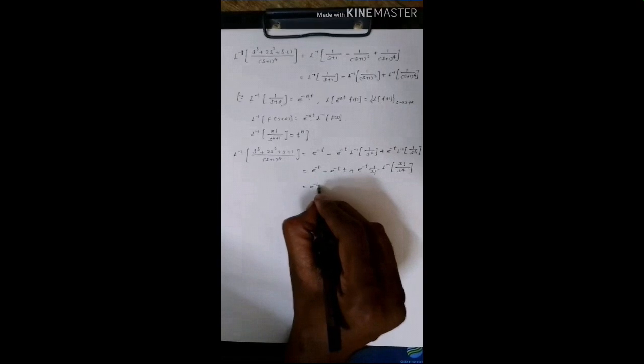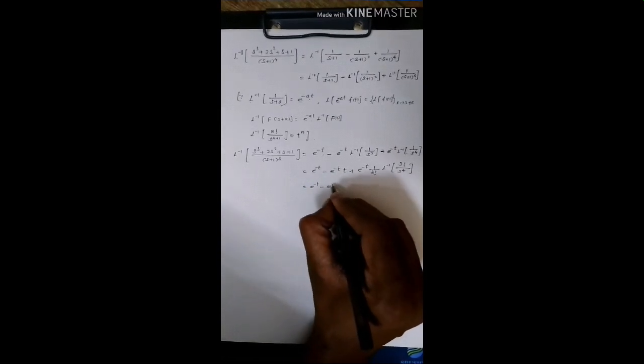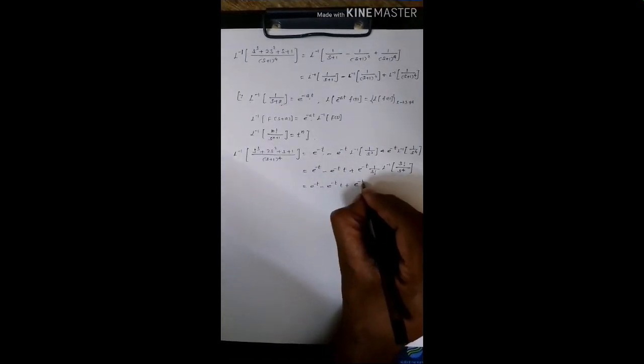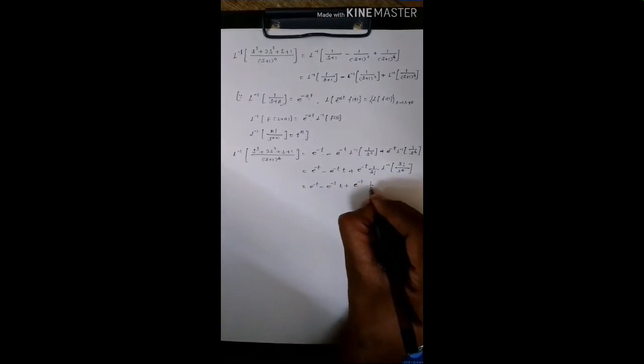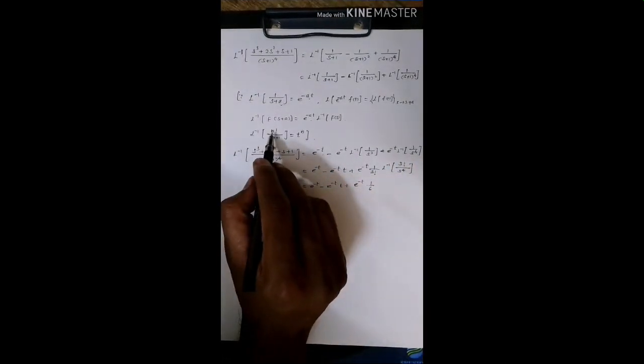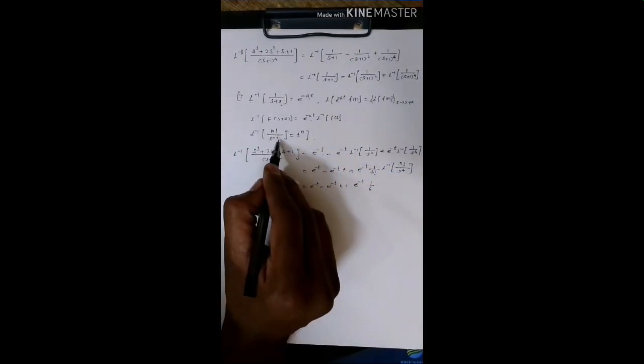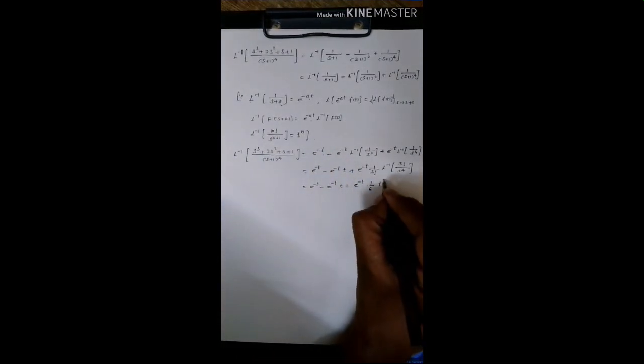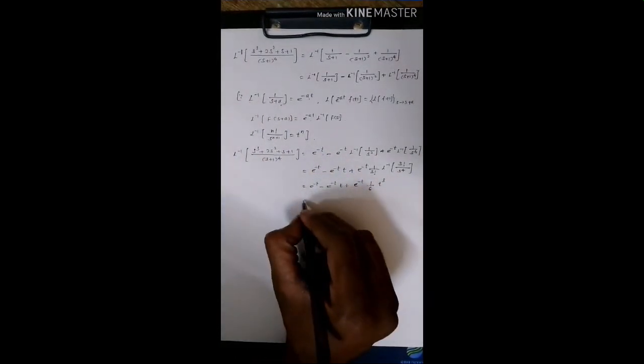So the next line: e power minus t minus e power minus t into t plus e power minus t into 1 by 3 factorial, which means 6. Here we put n equal to 3, and we get the expression 3 factorial by s power 3 plus 1. So we replace n equal to 3, and the answer for the Laplace inverse is t cube.